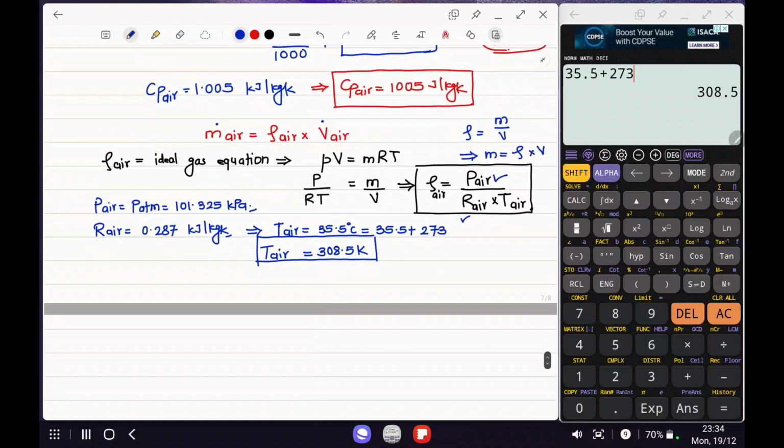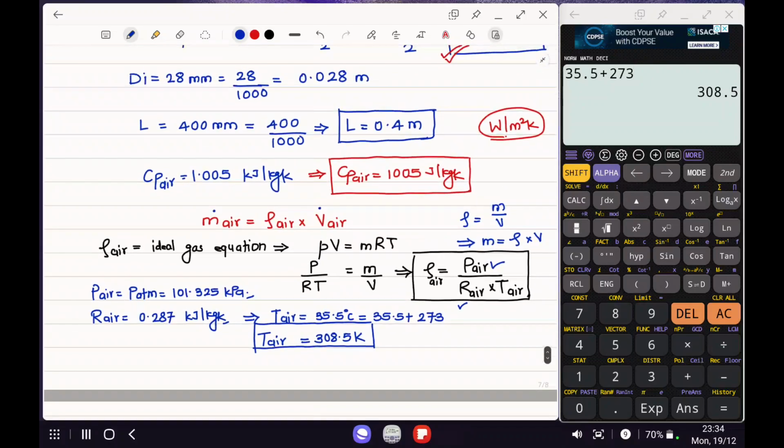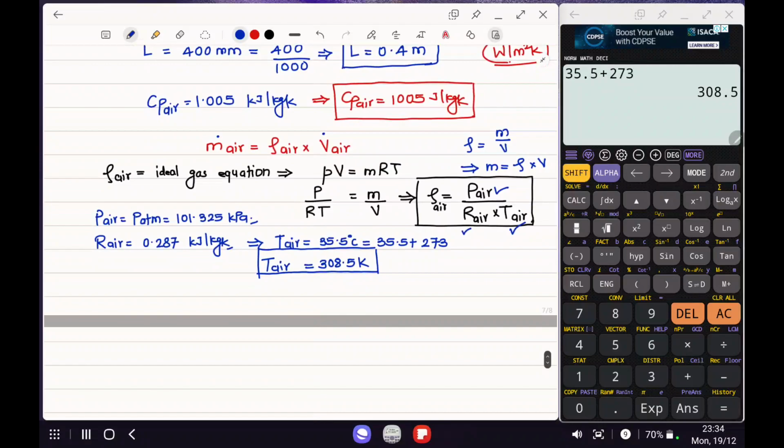Okay, so now we have T of air as well in this case. It means now we can calculate the density of air. If we want density of air, that is equal to 101.325, that is P of air, divided by R of air, 0.287, multiplied by temperature of air, that is 308.5.